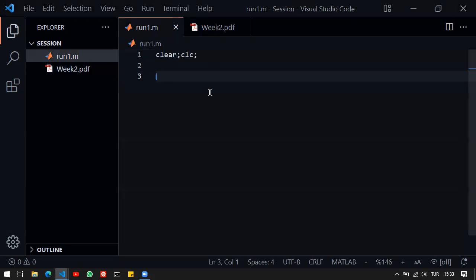So, for example, if we have a certain system, let's have 1 divided by s plus 1, I need to be able to associate the poles and zeros of a transfer function to the transients of a step response.